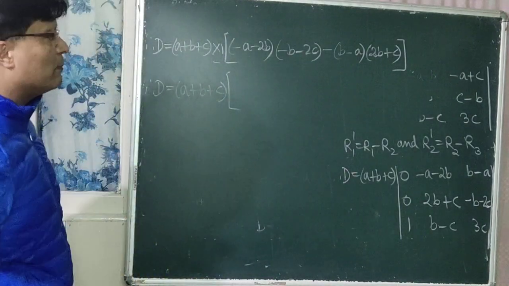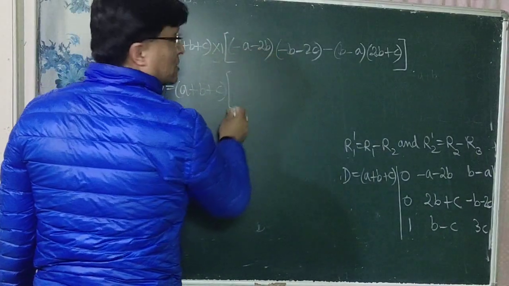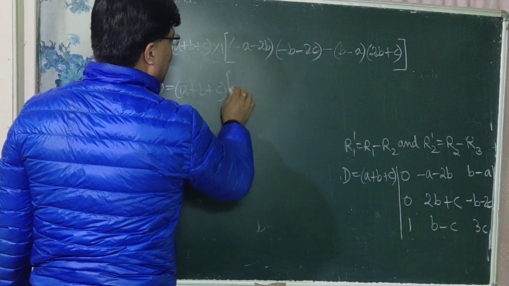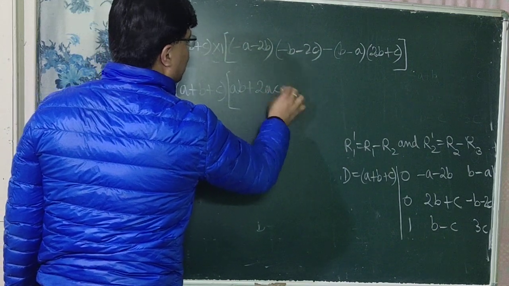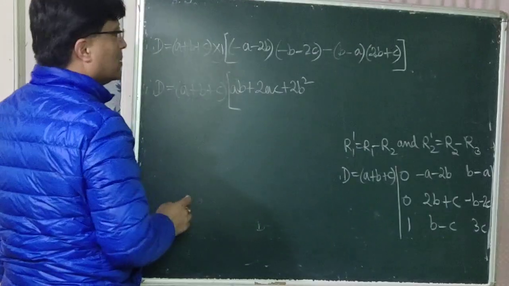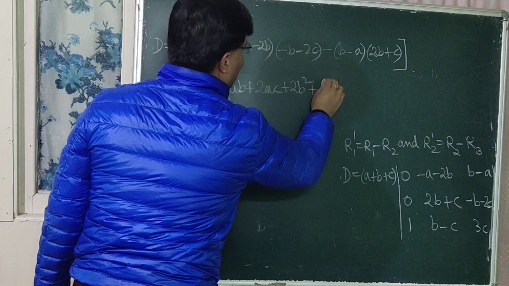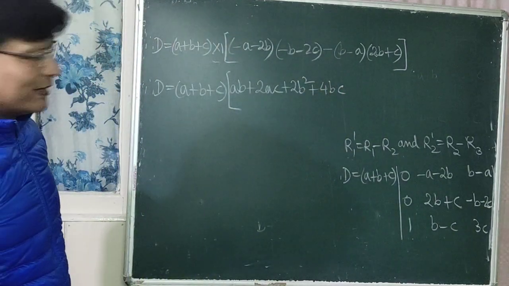Now let us multiply them. Okay? Minus into minus plus, A into B, AB. Minus into minus plus 2AC. Minus into minus plus 2B square. Minus into minus plus 4BC. Plus 4BC, right?